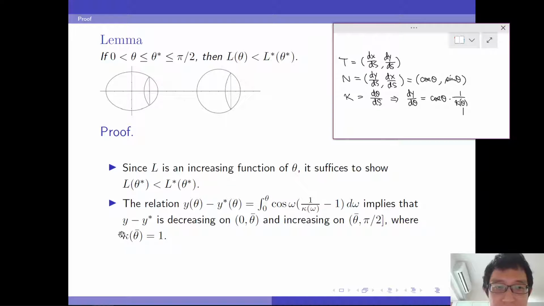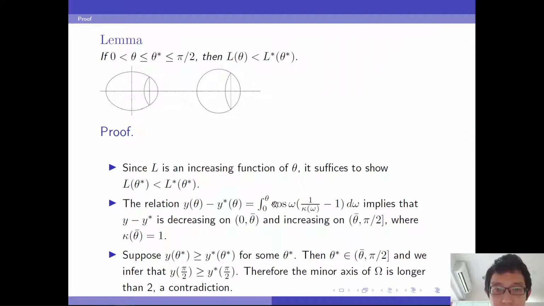So there is exactly one place where kappa is exactly 1. Suppose y of theta star is greater than y star of theta star for some theta star. Then because kappa is greater than 1 before theta bar, this can only happen on the interval theta bar to pi over 2.